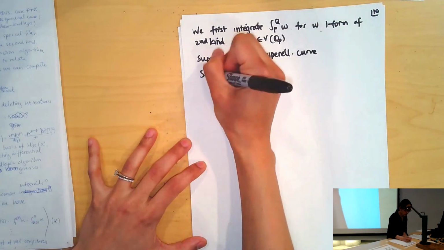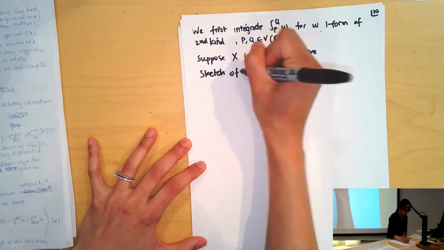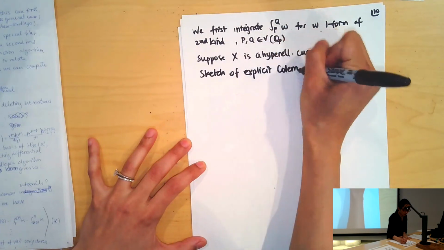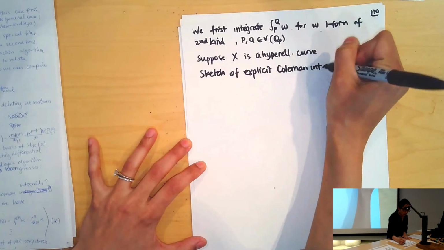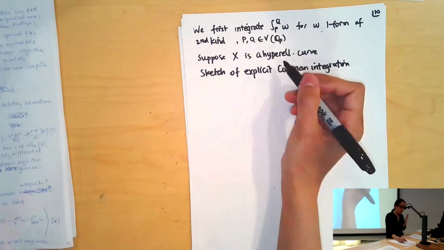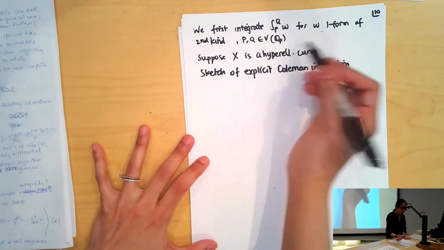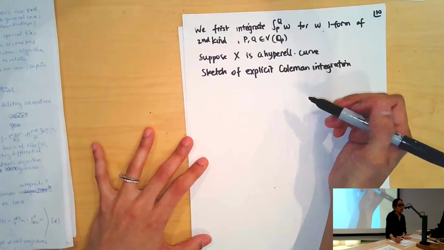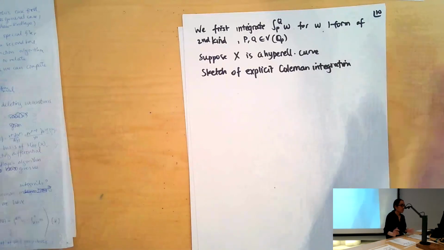So here's a sketch of explicit Coleman integration. So you mean like have poles? So I might have poles, say, in the case of a hyperelliptic curve, I might integrate something that has a pole at infinity, but it'll have residue 0 there.